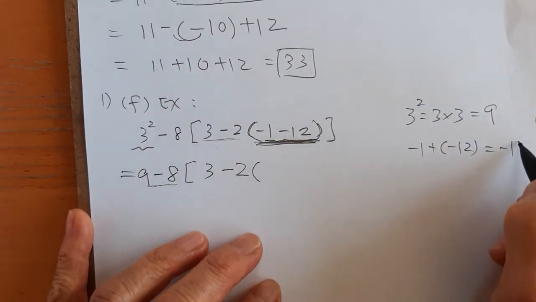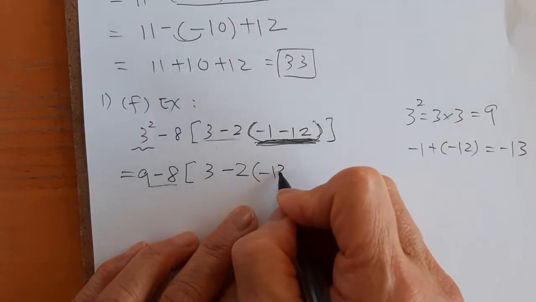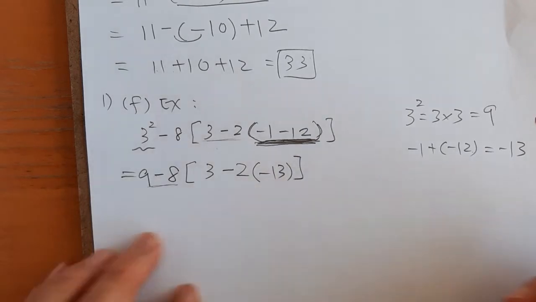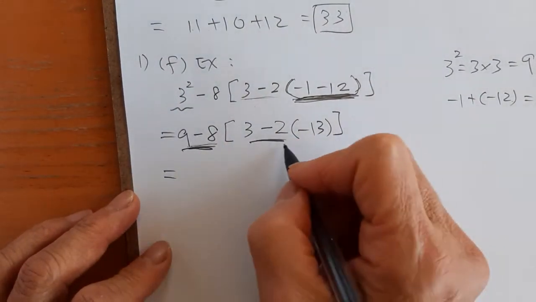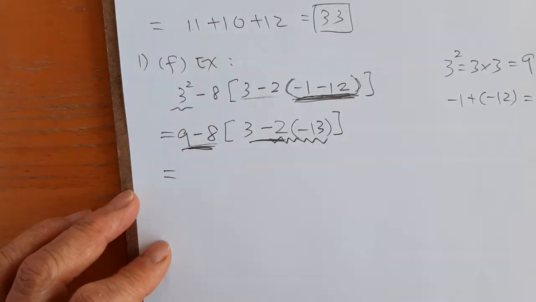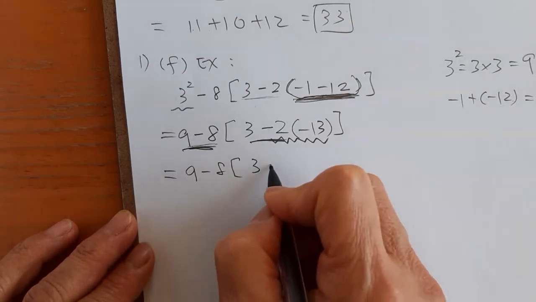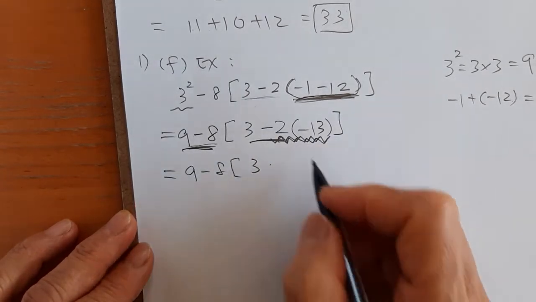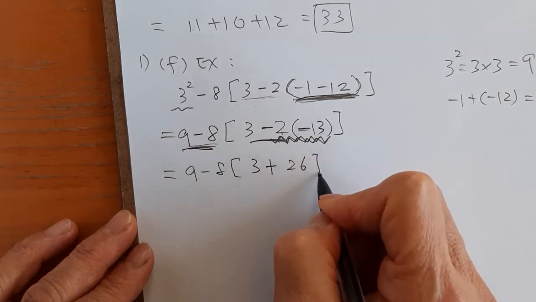That is negative 13. And then you cannot do subtraction. You have to do multiplication before subtraction. So just copy those. And this multiplication, negative becomes positive. 2 times 13 is 26.